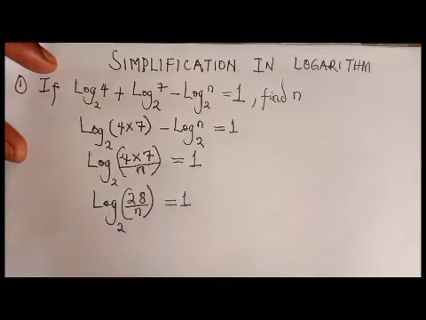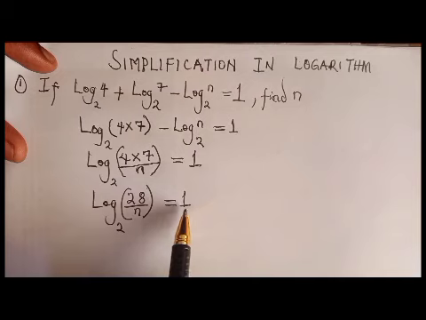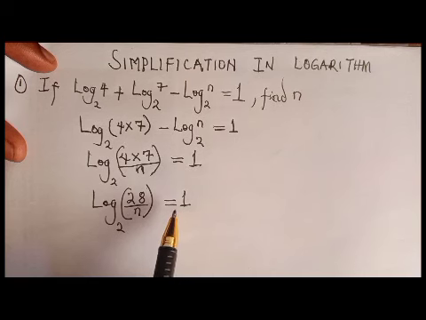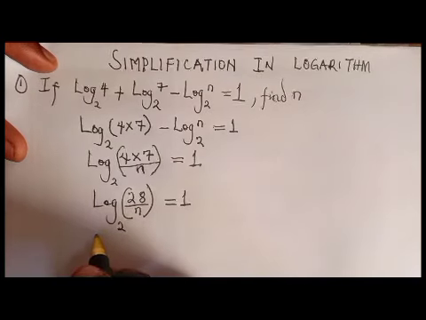Log 2 in base 2 gives us 1. Log 5 in base 5 gives us 1. So because I have 1 here, I'm going to try to pick the logarithm of 2 to base 2. Why did I decide to pick 2? Because of this particular 2 here, so that I can have the same bases and then they can cancel out each other. So that's just the smart thing to do.